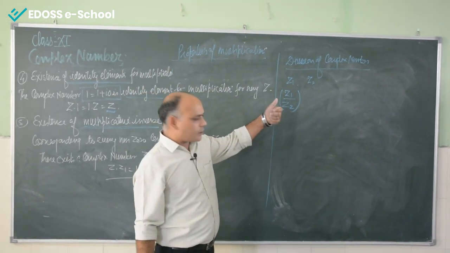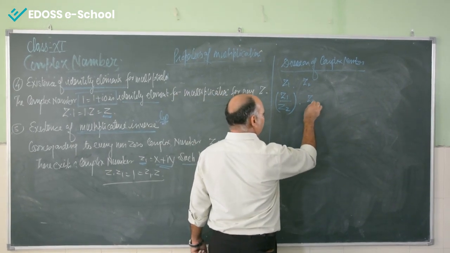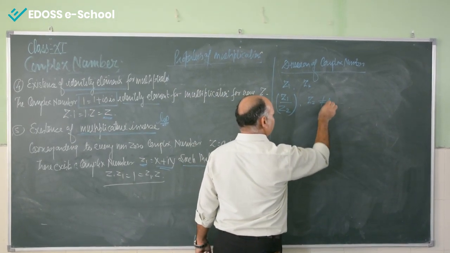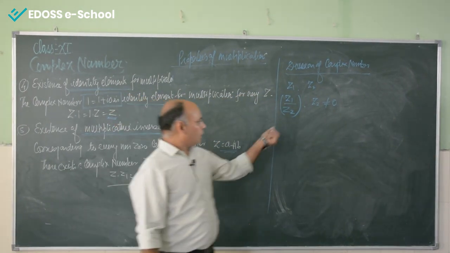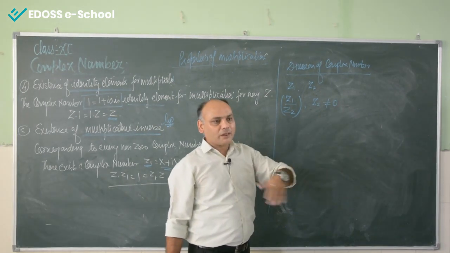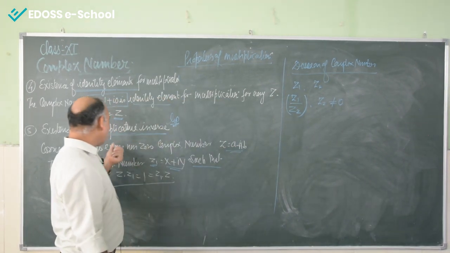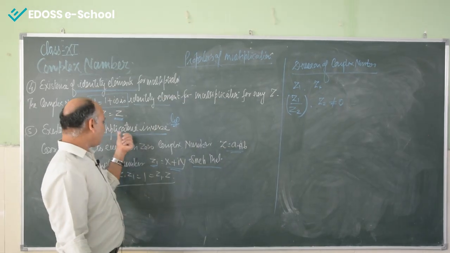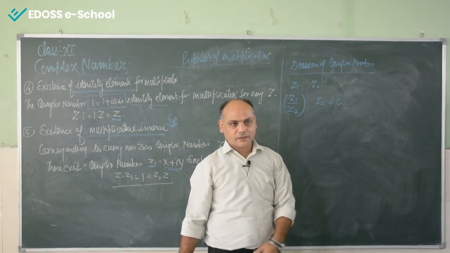In the case of Z1 upon Z2, the first condition arises here: Z2 should not be equal to 0. Other than 0 it can be anything, but Z2 is not equal to 0. Then you have to make the separation, or you can use the multiplicative inverse approach for solving the division of a complex number.